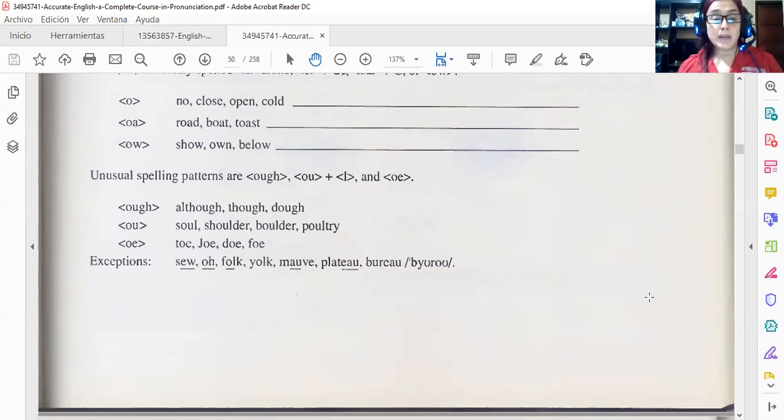So we can see here the words with O, U, G, H, like although, though, and though. So you may say, but these ones sound really, really similar.